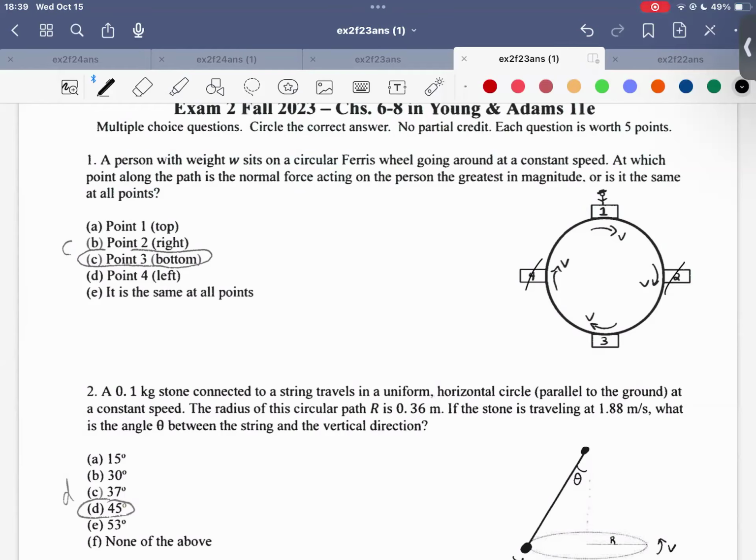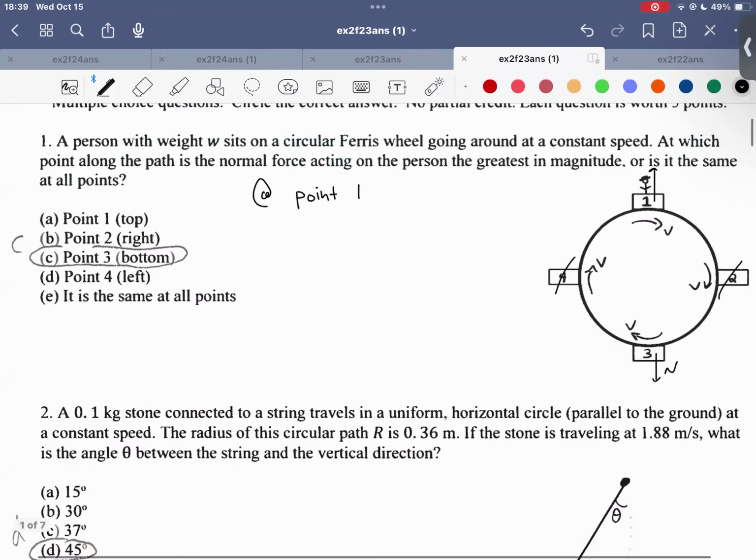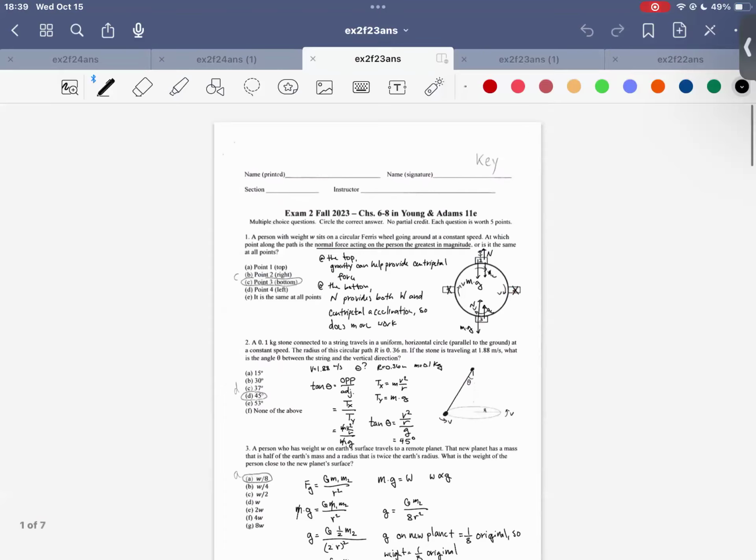So here normal force points up, acting perpendicular. Let's say at point 1, let me check this and make sure.